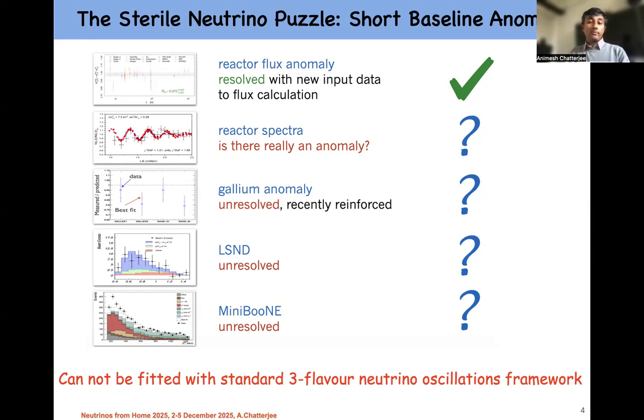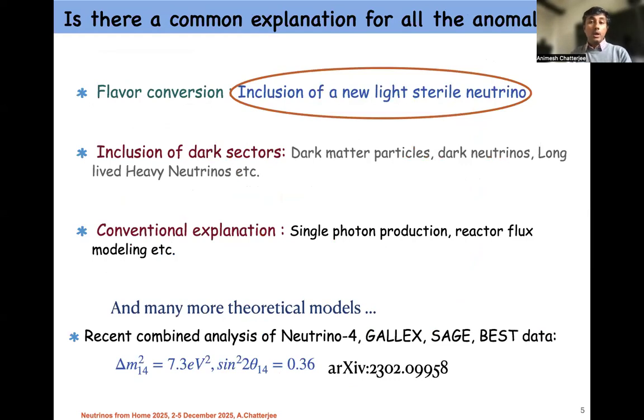But if you combine the reactor, the radioactive source and the accelerator experiments, mostly the short-baseline neutrino oscillation experiments, the data cannot be fitted with the standard three-flavor oscillations. So is there a common explanation of all of these anomalies? One of the most favorable ones, which I'm going to talk about, is the inclusion of a light sterile neutrino.